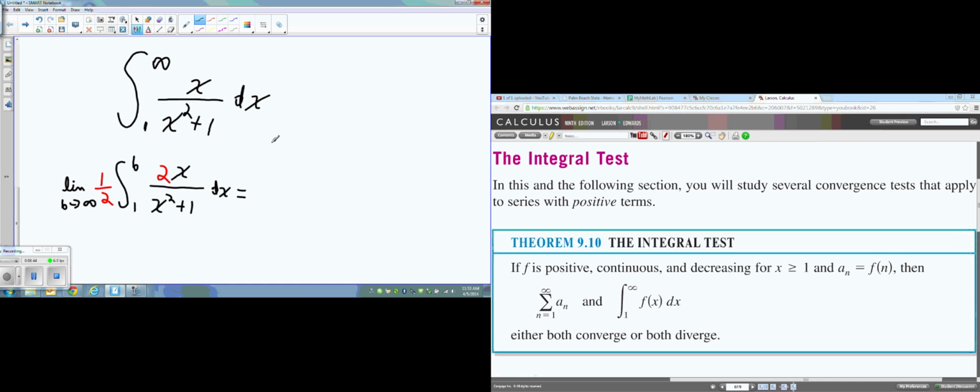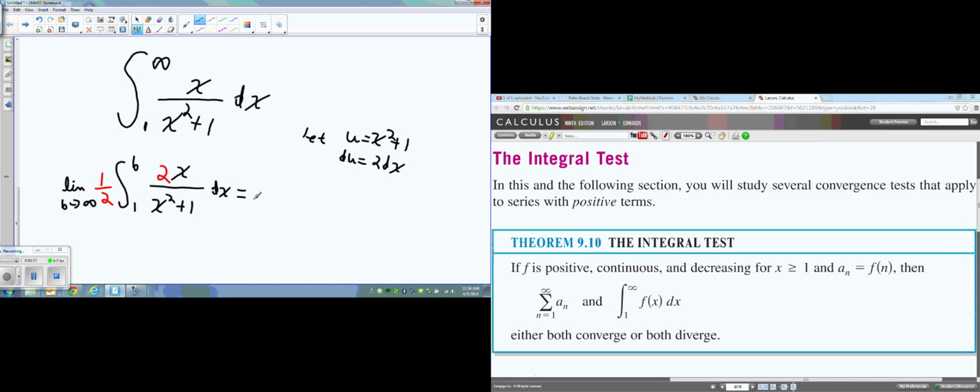If you let u equal x squared plus 1, then du would equal 2x dx. And you could rewrite this integral, and the substitution here would be u prime, or du over u.